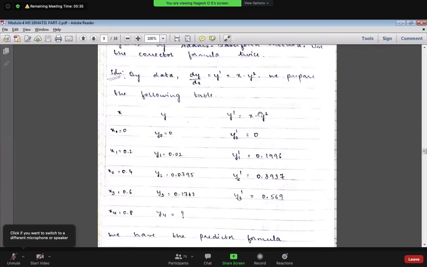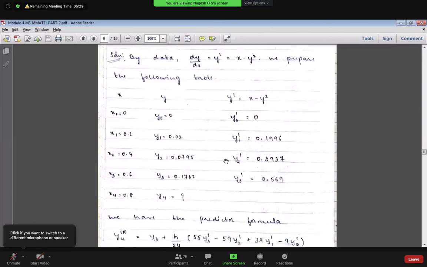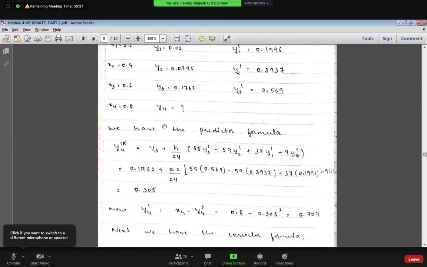We need to calculate y0 dash. Again, it is similar to the previous one.